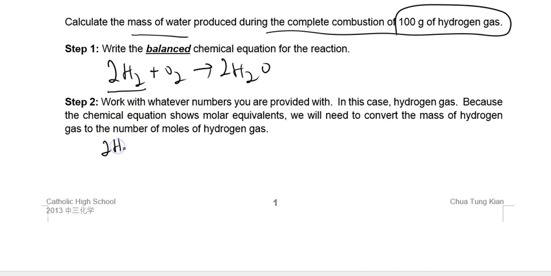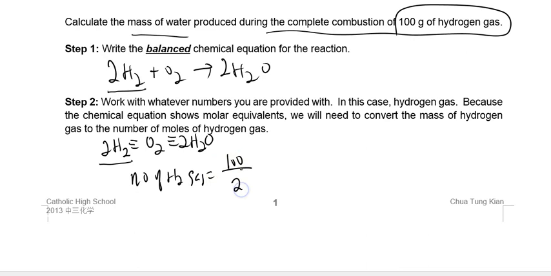We know that 2 moles of hydrogen gas will react with 1 mole of oxygen gas to give us 2 moles of H2O. So step 1 we must do is to determine what is the number of moles of hydrogen gas used. So number of moles of hydrogen gas used is simply mass divided by molar mass, and we get the value of 50.0 moles of H2 gas.